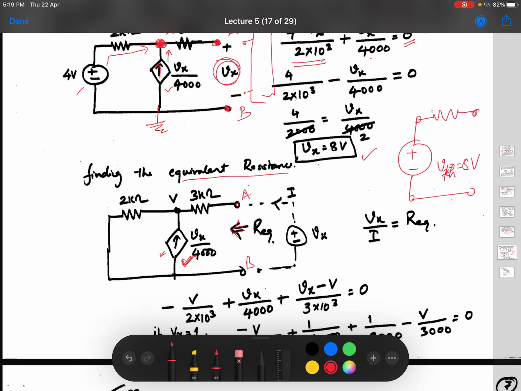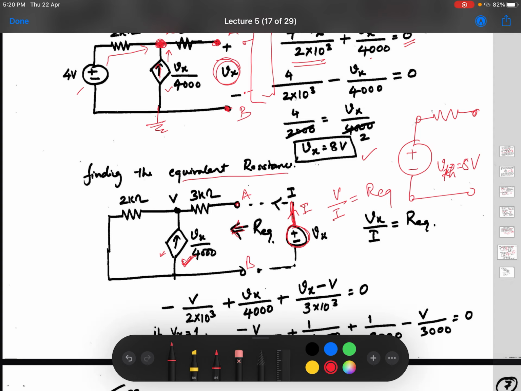So now the R equivalent will be calculated in a slightly different way. What I am doing here is showing that if I connect a voltage source across A and B and find the current I, then V by I would be my R equivalent.